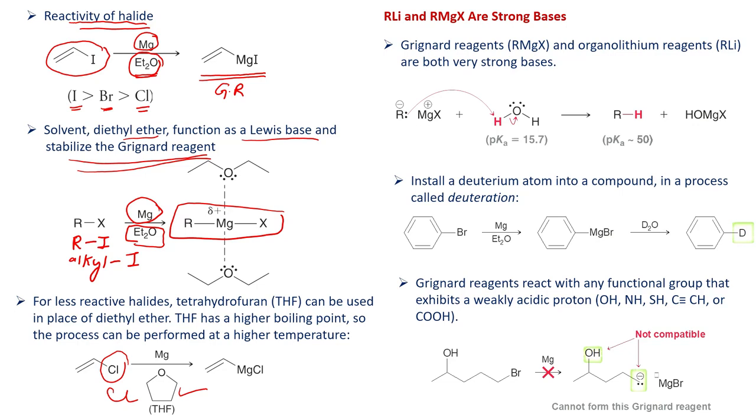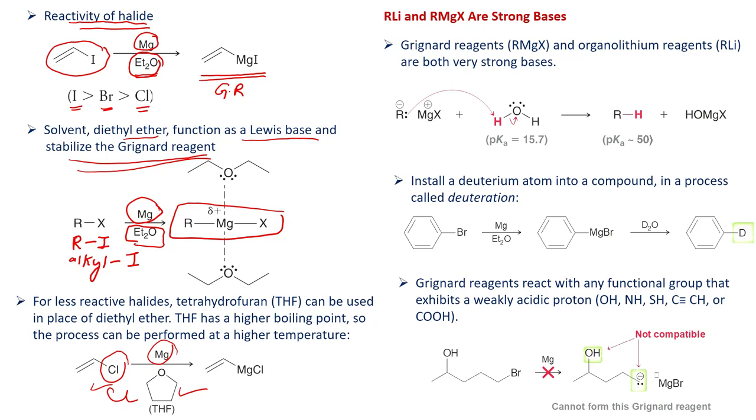The reason is chlorine reactivity is very less. When you treat this organochlorine compound with magnesium, you need to heat the reaction system. This is the reason we use THF as a solvent, because diethyl ether's boiling point is very low, so you cannot use diethyl ether when your starting material is organochloride.